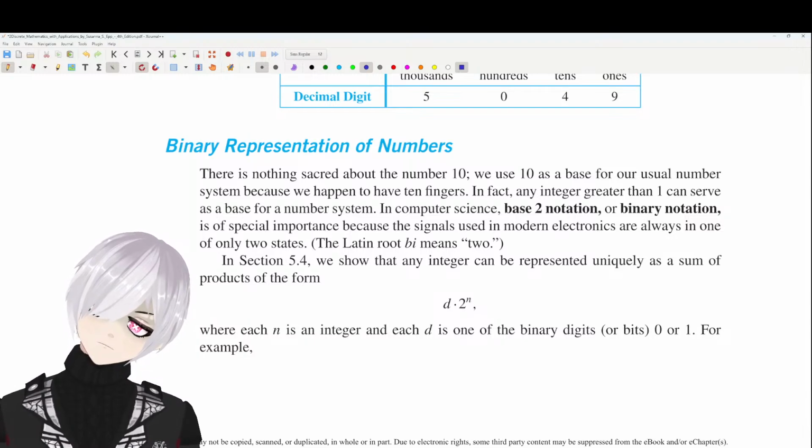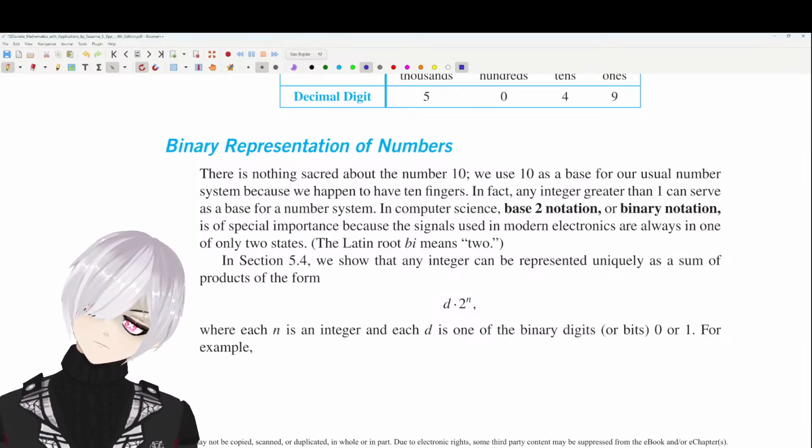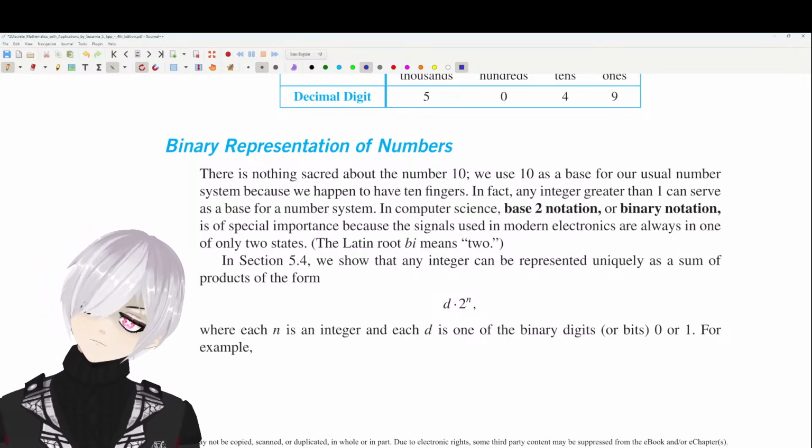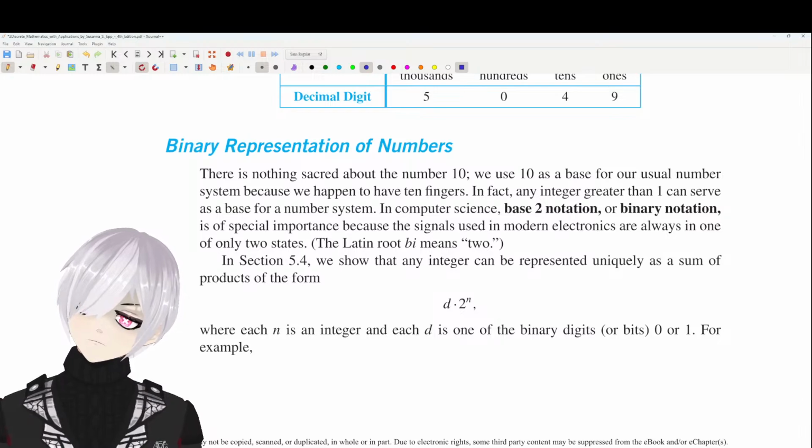In decimal we have the ones place, the tens place, the hundreds place, the thousands place, and in binary we have the ones place, the twos place, the fours place. But the powers of one are all one, so we'd have a ones place, a ones place, a ones place.